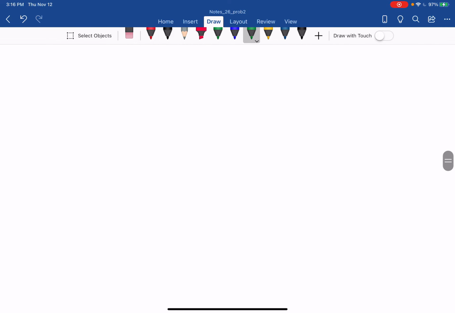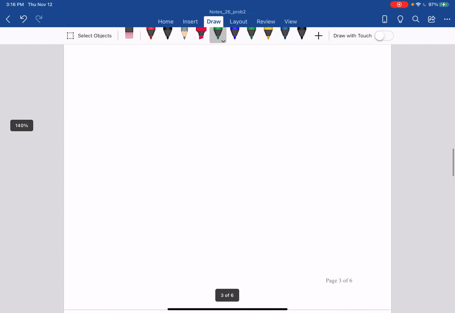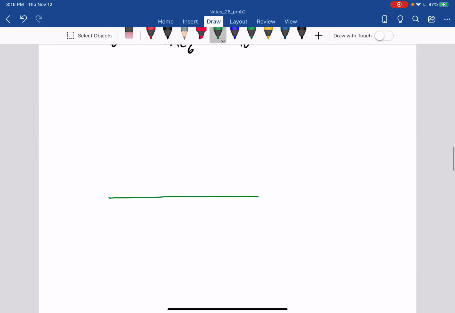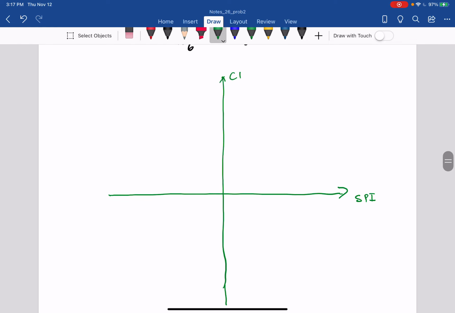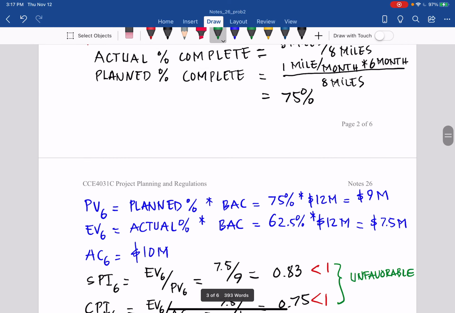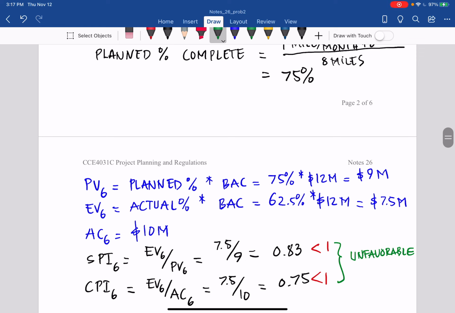Let SPI be the horizontal axis and CPI the vertical axis. For month 2 from problem 1, if you recall, SPI 2 equals 1 and CPI 2 equals 1.5.